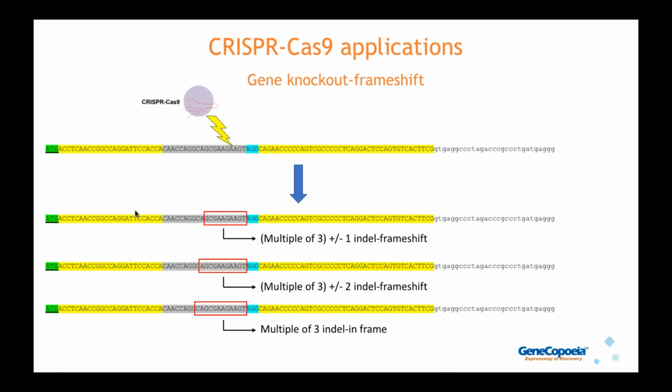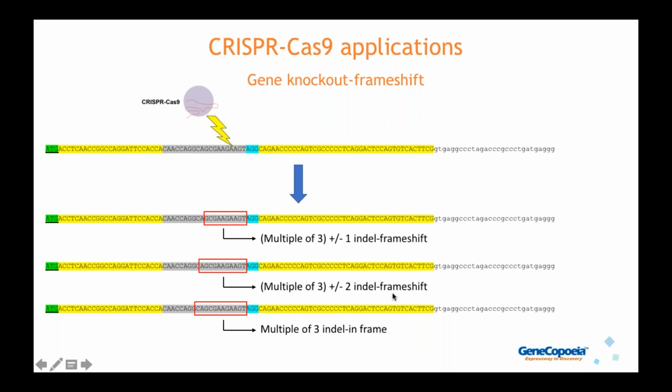And these indel mutations come in several different variations. So you can get a multiple of 3 plus or minus 1 indel frame shift. That could be, say, a single base pair insertion or deletion, a multiple of 3 plus or minus 1. Or you can get a multiple of 3 plus or minus 2.